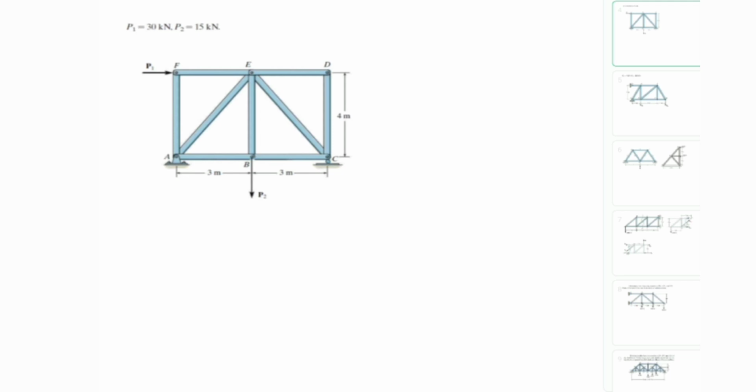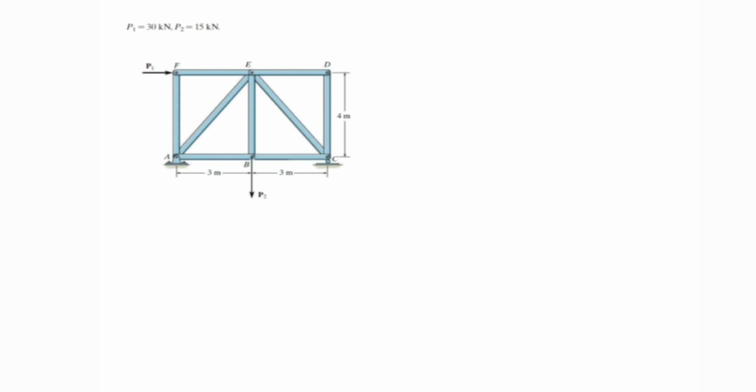I would say the zero step or first step is finding the zero force members, and then finding the reaction forces if possible. Sometimes it's not possible, sometimes we have four unknowns and it's not possible.